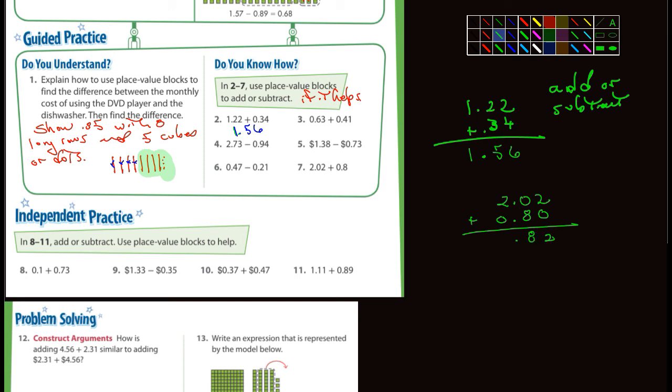Bring the decimal straight down. Always remember, line up the decimals and then just bring them straight down when you're adding or subtracting. And then 2. So the answer to number 7 is 2.82.